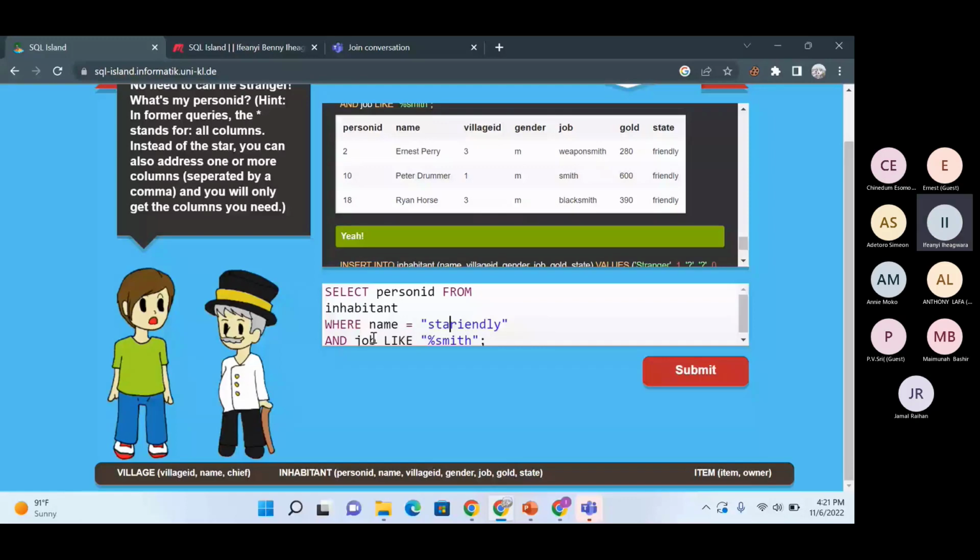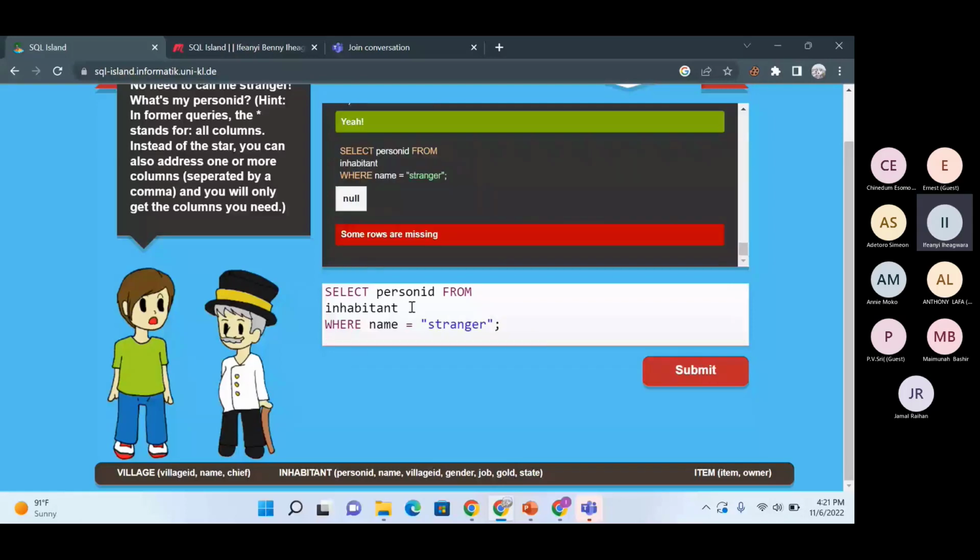Then we submit our query. Okay, so at the moment that's telling us we made a mistake. Select person ID from inhabitant where the name is equal to stranger. The rows are missing.